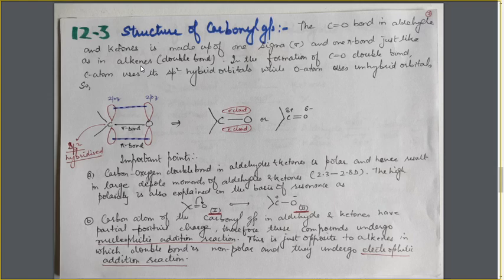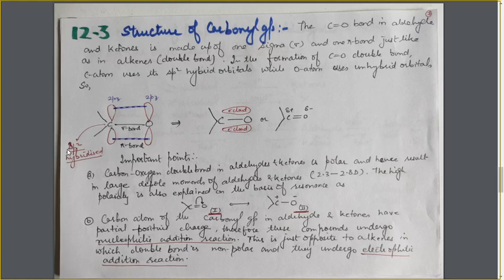Now how are this sigma and pi bond formed in the case of the C double bond O group, that is the carbonyl group? Here it is the carbonyl carbon and here is the oxygen of the carbonyl group. This carbon atom is making only 3 sigma bonds: 1, 2 and 3.